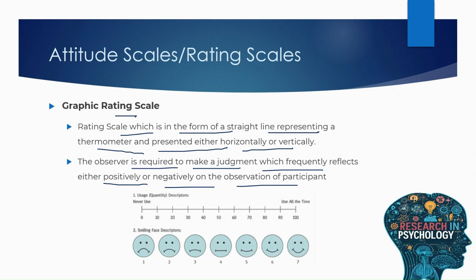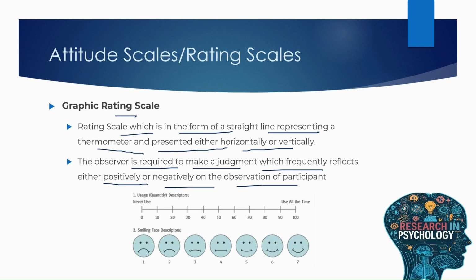Here also the question is in the form of a graph, where you will have multiple points. You can see it here, right? And the observer here has to make a judgment which would reflect what the participant has thought of the whole thing, right?